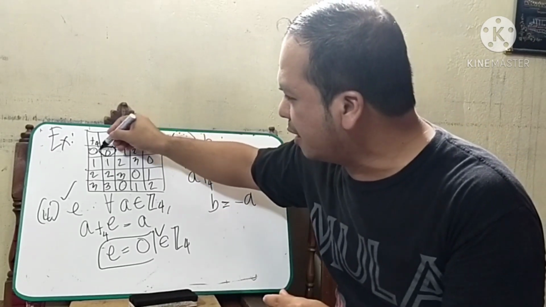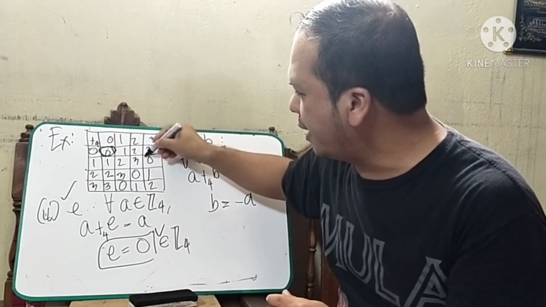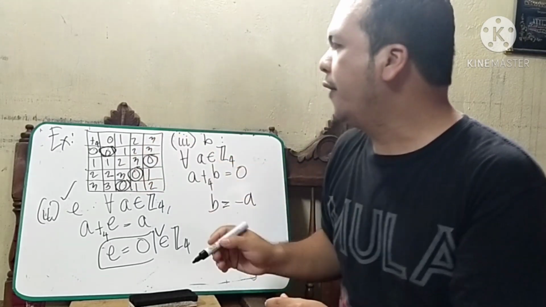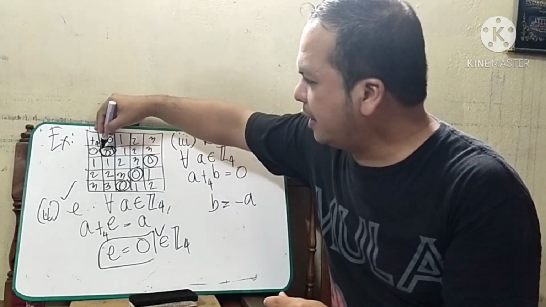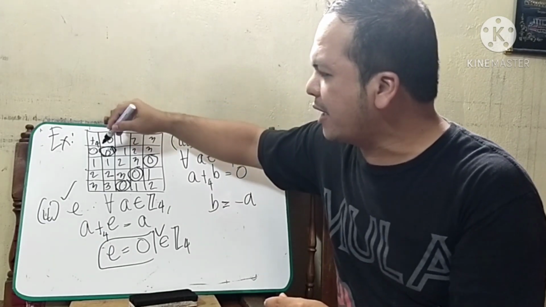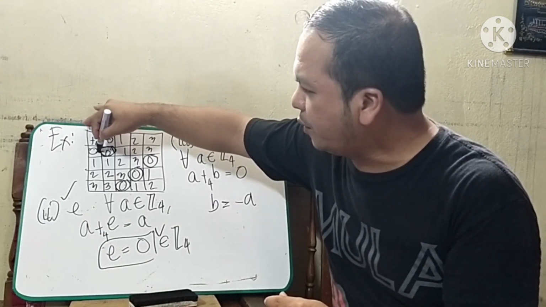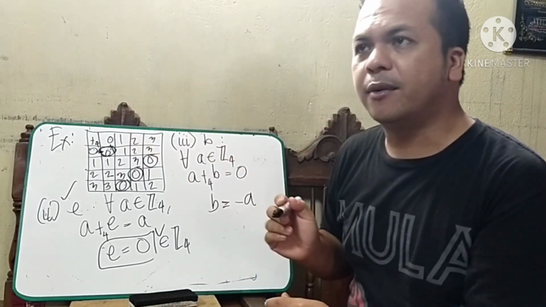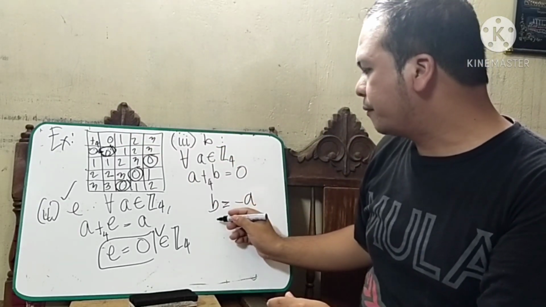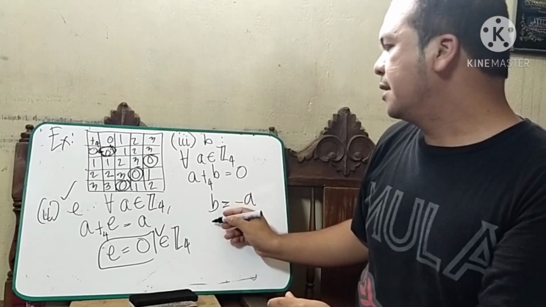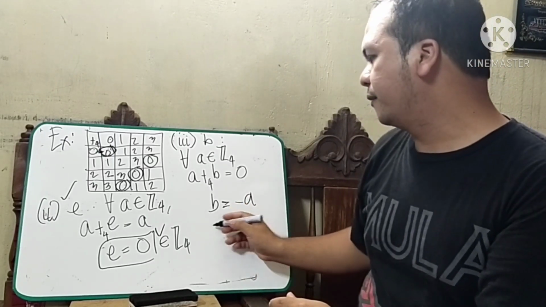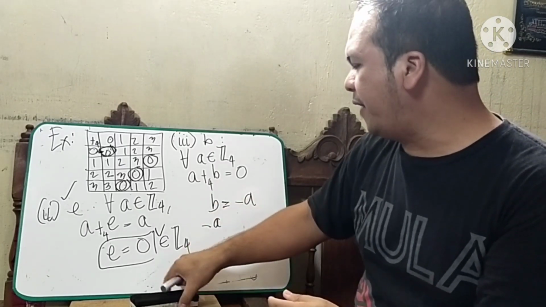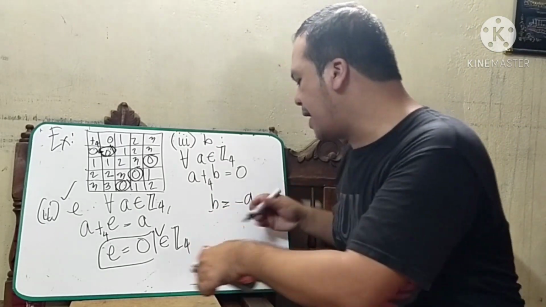Ito yung mga resulting sums, 1 here, 1 here, 1 here, 1 here. For this, we have, this entry here is the intersection of the two elements, 0 and 0. Meaning to say that the inverse of 0, so negative A, the inverse of 0 is 0.